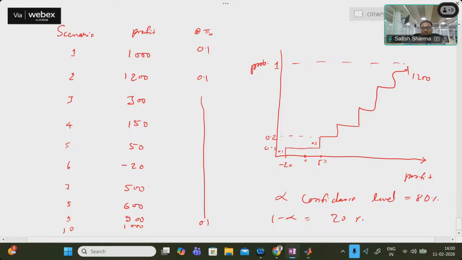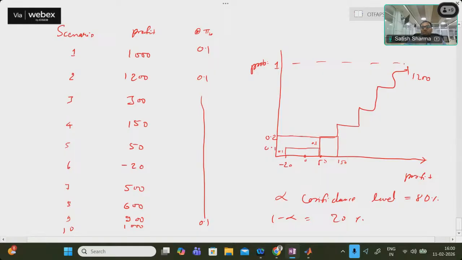So with the 20% probability, profit values are basically this and this value. So there are two values possible. One is 50 and the next higher value is 150. Okay, so 150 will move away.